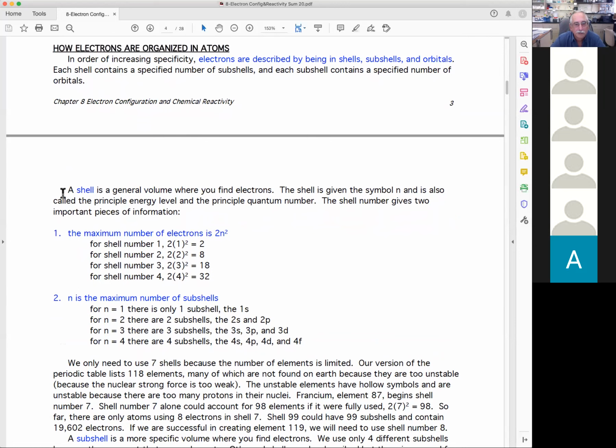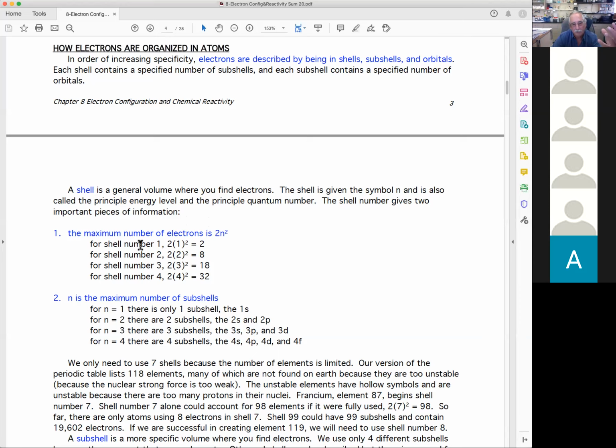So what is a shell? It's simply a general volume where you find an electron. If you look at the periodic table, we don't need more than 7 shells. So here's shell number 1, 2, 3, 4, 5, 6, 7. We don't have any more atoms. That's all we need.